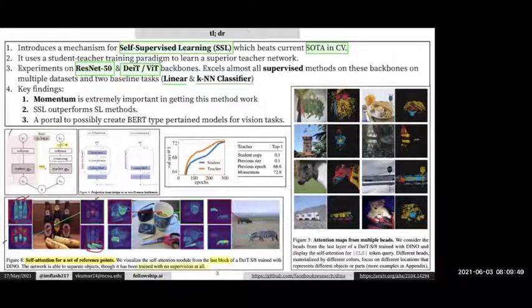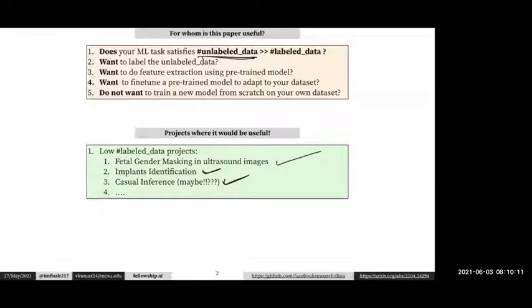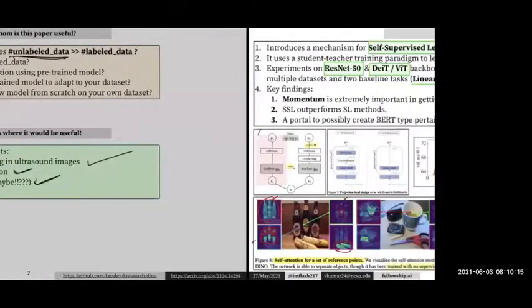BERT is a pre-trained model that you can use out of the box for any downstream NLP task, and it performs pretty well across different tasks. So they try to come up with pre-trained models trained with self-supervision, which you can translate to your own task. As I said earlier, maybe fetal gender masking or implant identification or causal inference can take it out of the box.